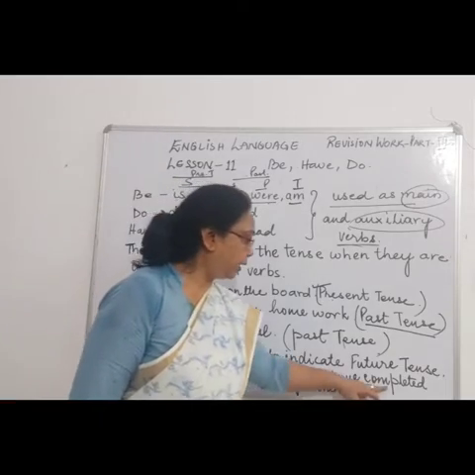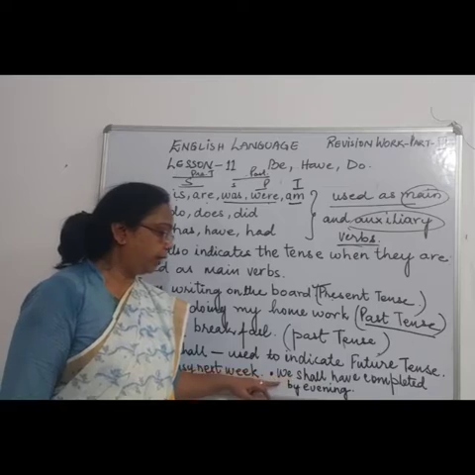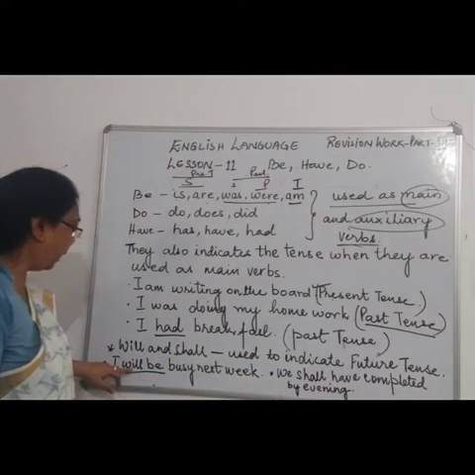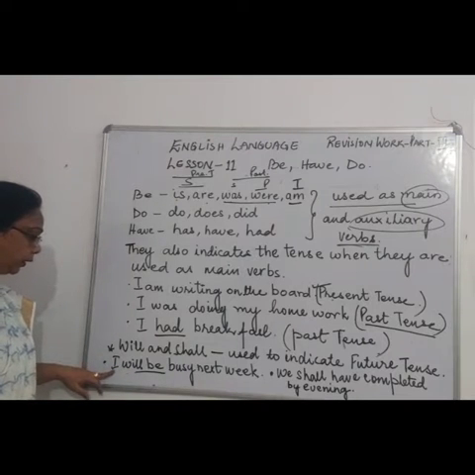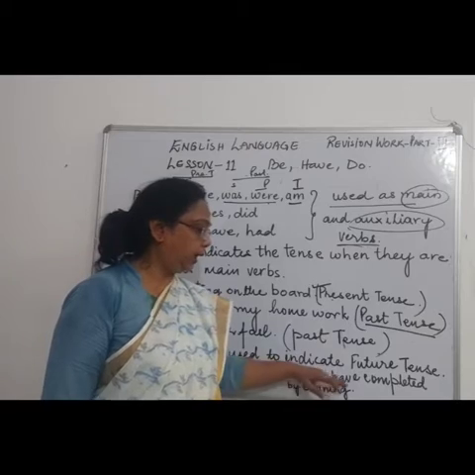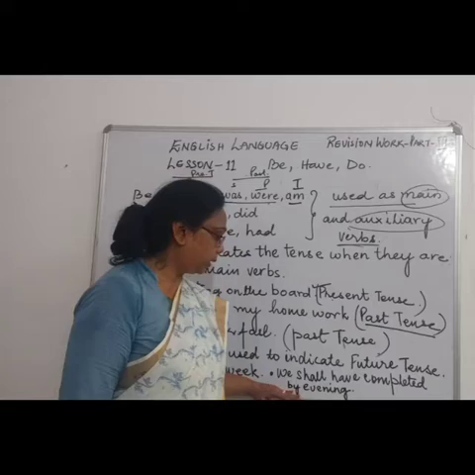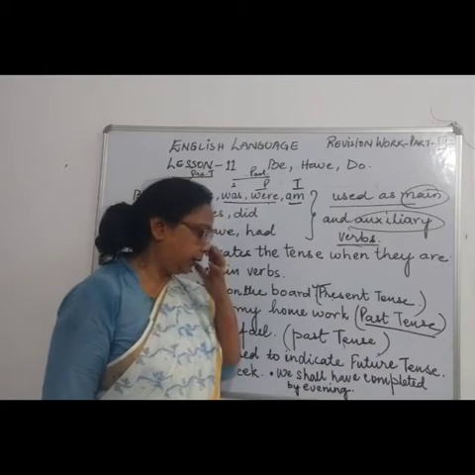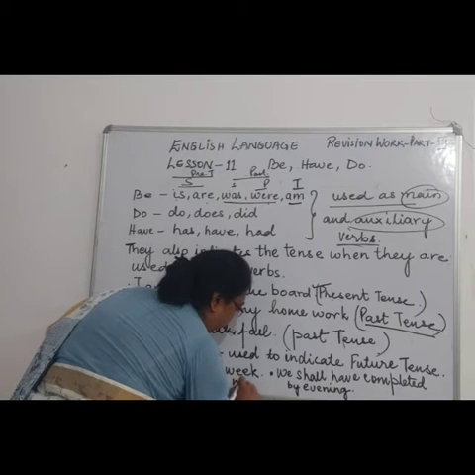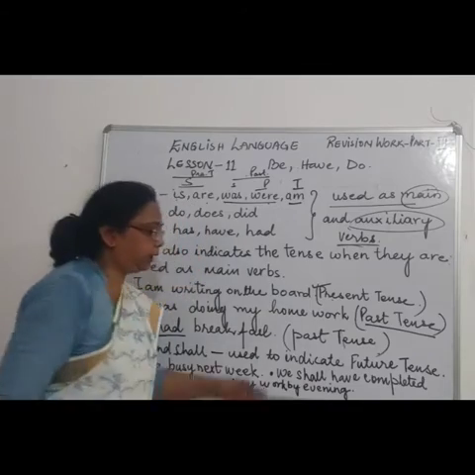We shall have completed by evening. Now shall I have used when the subject is plural, and will when the subject is singular. Right. So I shall have finished. I shall have completed my work by evening.